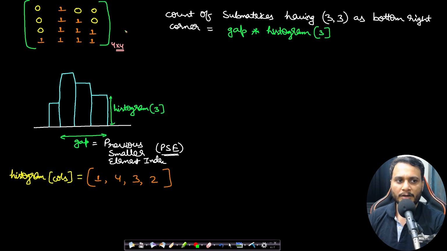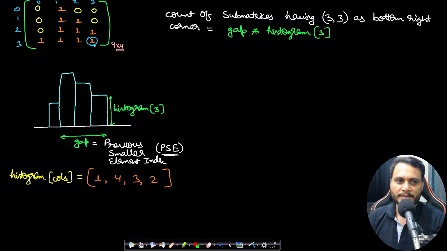Now looking at the count of submatrices having 3, 3 as the bottom right corner in this particular example. What is 3, 3 by the way? If you see, this is 0, 1, 2, 3 and this is 0, 1, 2, 3. 3, 3 is this cell. If you consider this 3, 3 as the bottom right corner, then how many valid submatrices will be formed?